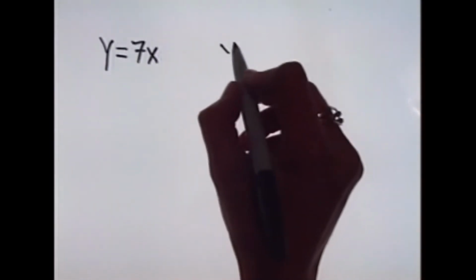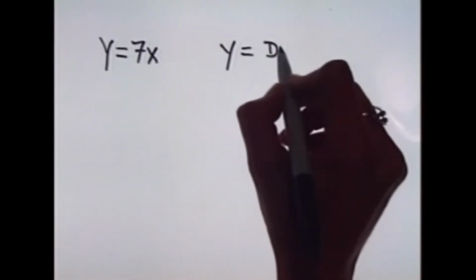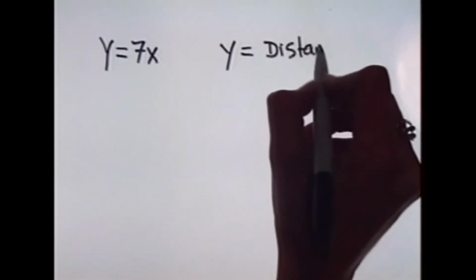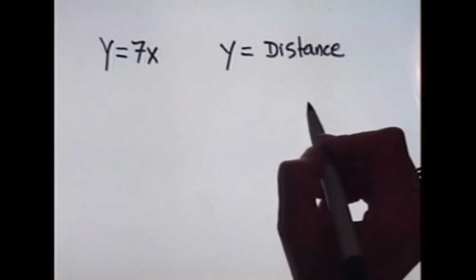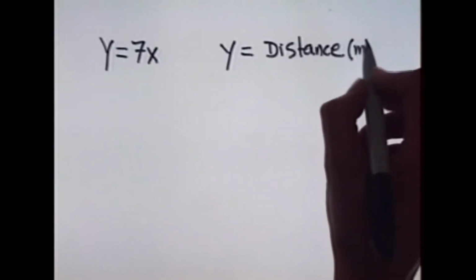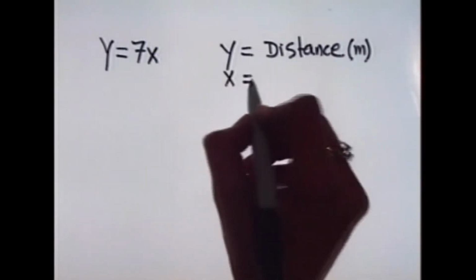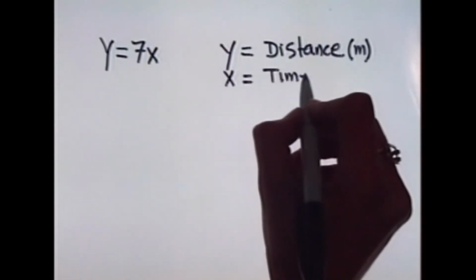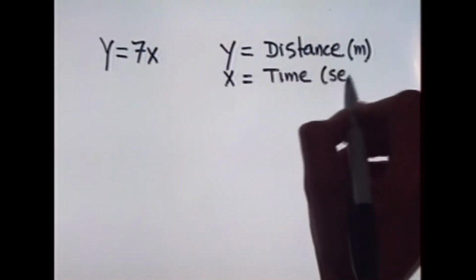The symbolic equation we found was y equals 7x, where y was the distance. The distance was measured in meters, and x was the time, and the time was measured in seconds.